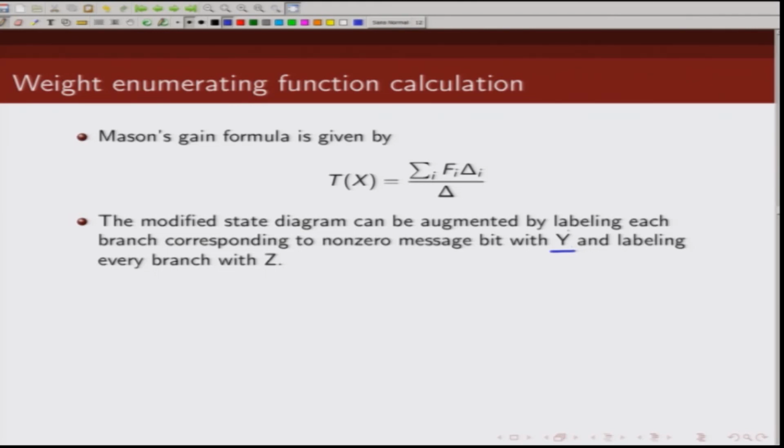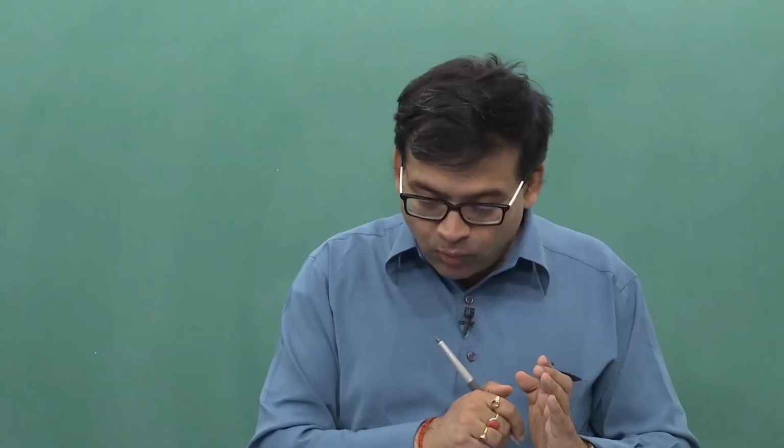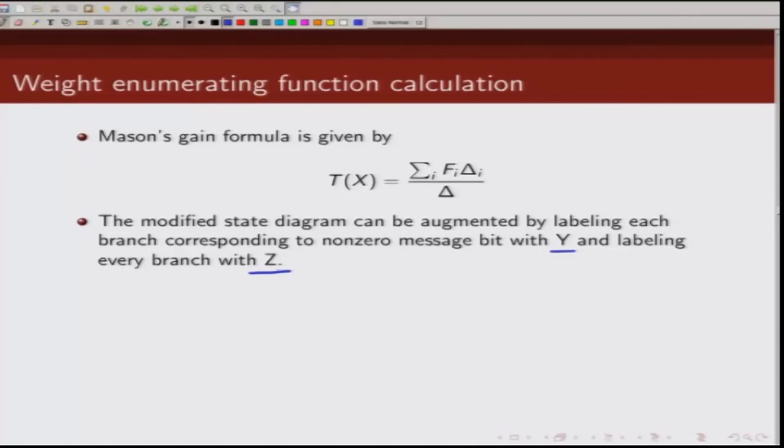So, the power of y will denote the input weight, and similarly we can label each branch by z. So, in a path gain formula, the degree of z will tell us the length of the non-zero path. Once it diverges from the all zero state, it tells us after how much time it comes back into the all zero state.